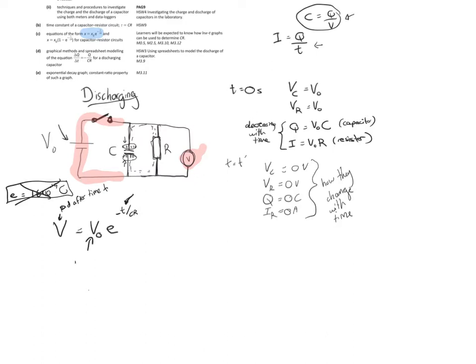This is the initial potential difference across the capacitor when it's fully charged. And then you have C, which is the capacitance of the capacitor, and R, the resistance of the resistor that the capacitor is discharging through. So this is the basics of the equation. This is how voltage will vary after a certain time t if I know my capacitance, the resistance, and the initial potential difference. Similarly, we can calculate current.